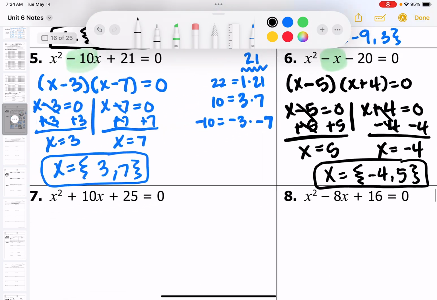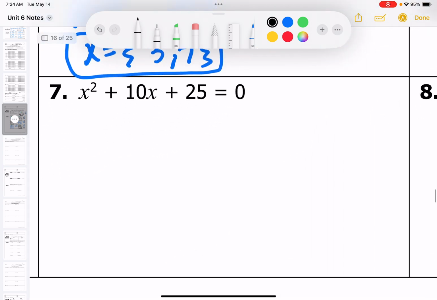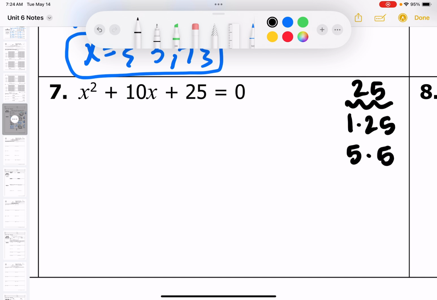All right, number 7, x squared plus 10x plus 25 equals 0. So it's already equal to 0. So I need to find things that multiply to give me positive 25, which are 1 and 25, 5 and 5. So now I have to choose which ones are going to add together to give me 10, which is 5 and 5.